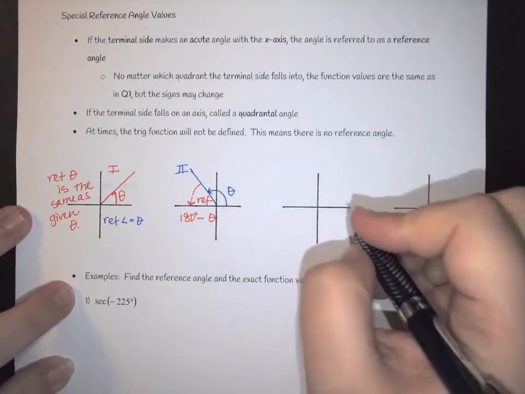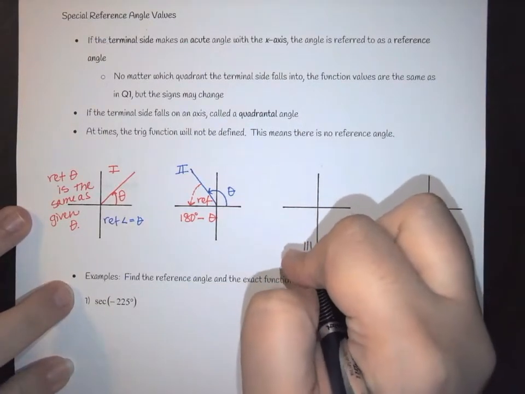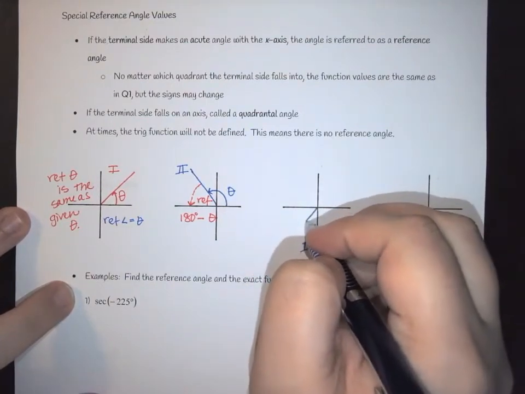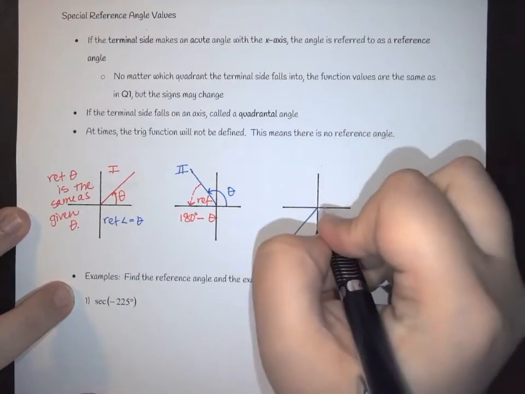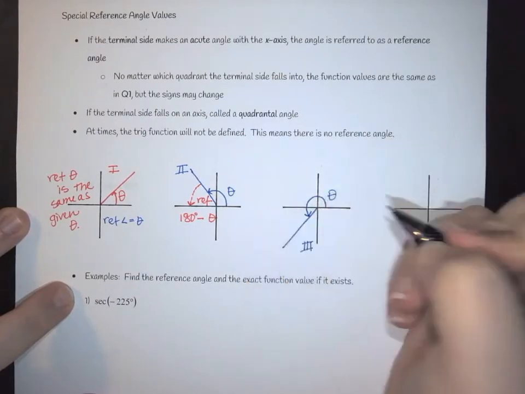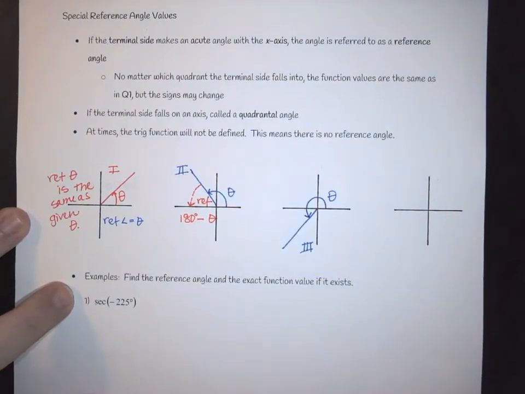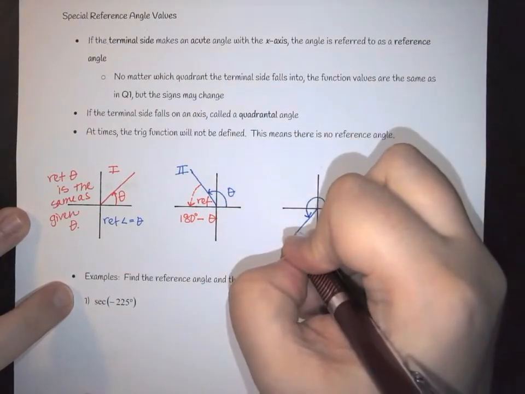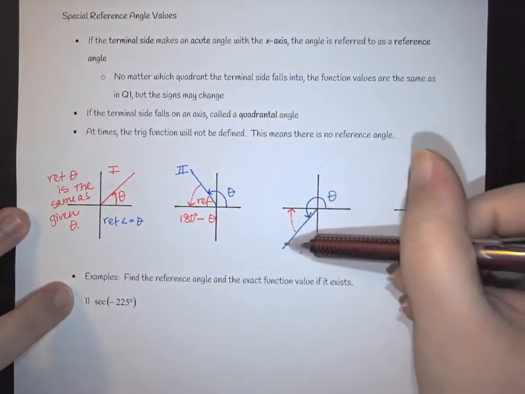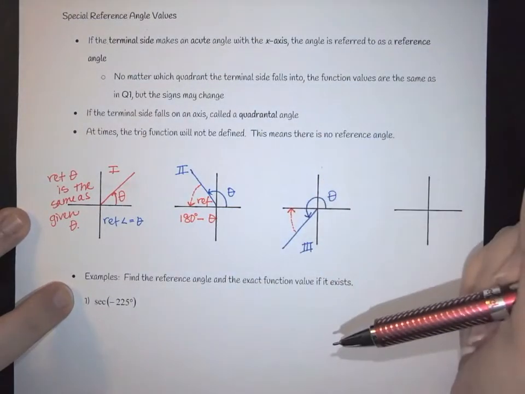Now, let's say we are down here in quadrant 3. So quadrant 3, my angle would come down this way. So if I took a look, it would spin around. So this would be my theta value. Well, in that same way, my reference value is going to go from this terminal up to my x-axis.